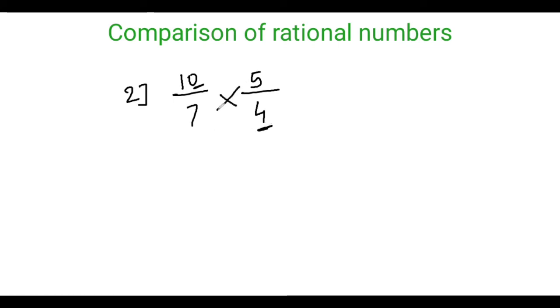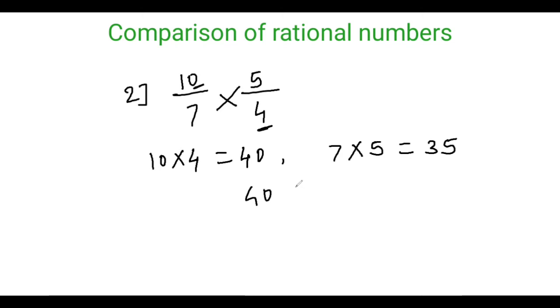Now we multiply the first and fourth. 4 into 10 is 40, and 7 into 5 is 35. Now compare: 40 is greater than 35. So 10 upon 7 is greater than 5 upon 4. The first number is bigger, so the first rational number is also bigger.